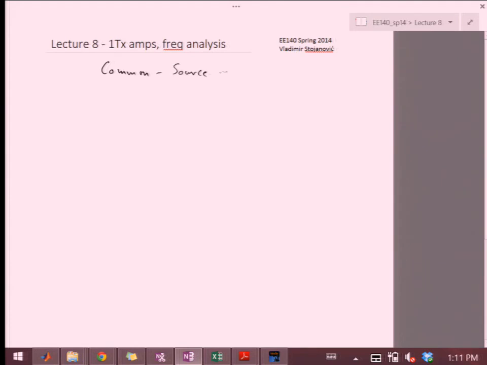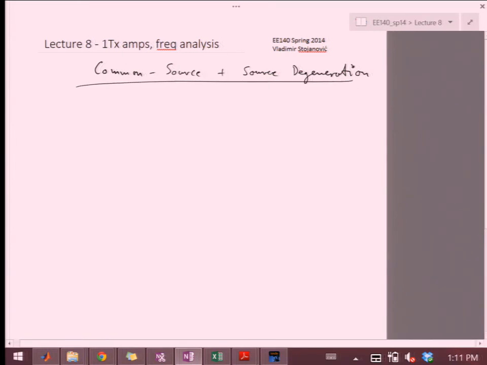So we'll do a few examples of the common source plus source degeneration. We did this for the bipolar case. It'll be illustrative to do it also for the MOS case.